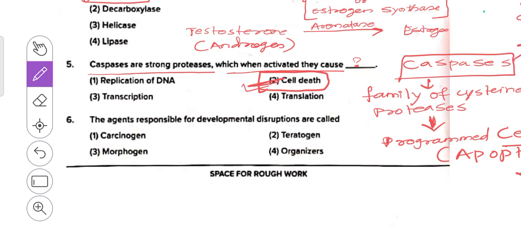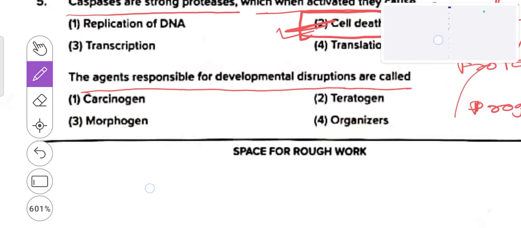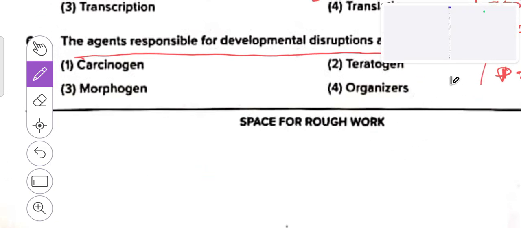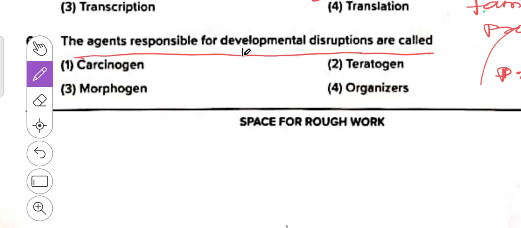Then sixth question. The agents responsible for developmental disruptions are called. Developmental disruptions are mainly because of teratogens.